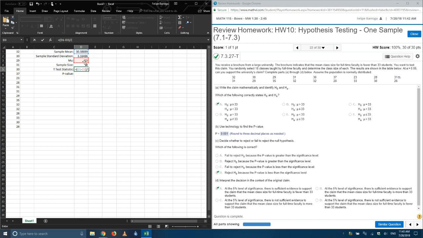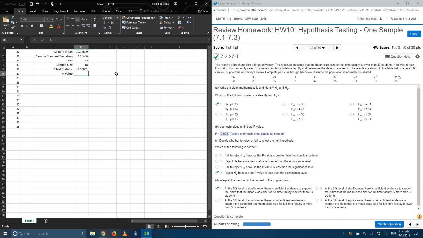And just to be safe, we'll do the parentheses one more time. I'm going to take the sample standard deviation, and we're going to divide that by the square root of the sample size. And we'll just close all the parentheses now. And then test statistic right there.